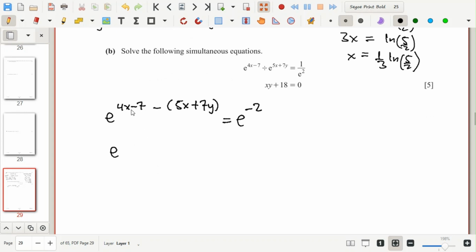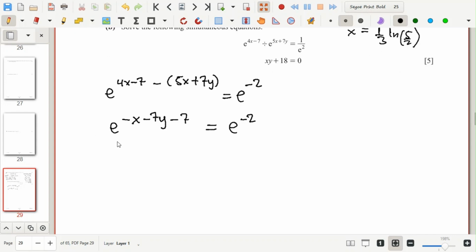So this one, 4x minus 5x will give you negative x. Negative 7, okay, let me bring the negative 7 here. This will give you minus 7y to e to the power negative 2. Sorry. So since the bases are the same, I can equate the exponent.